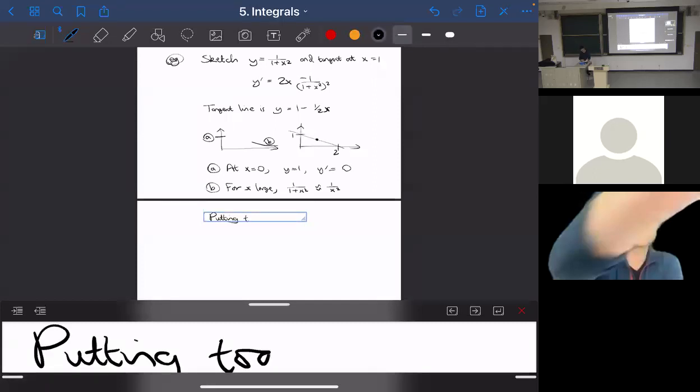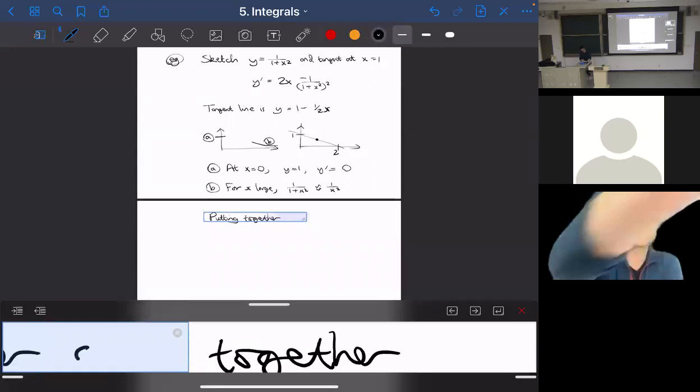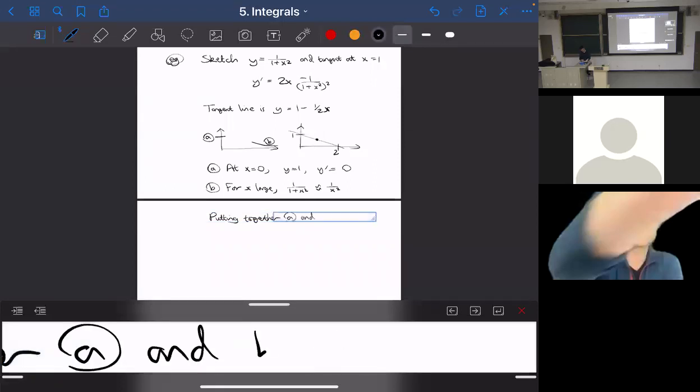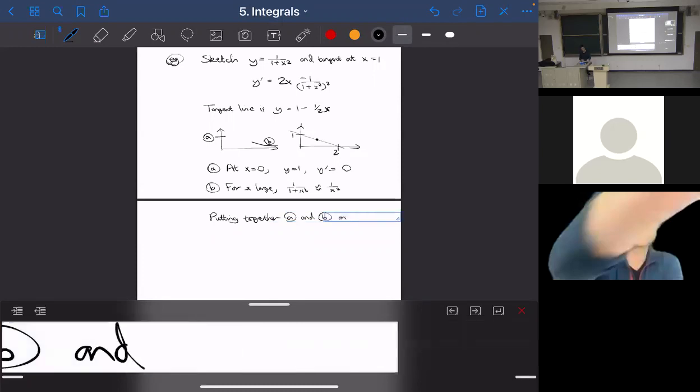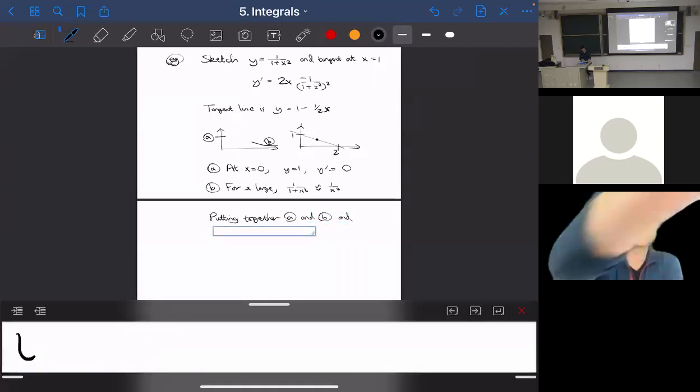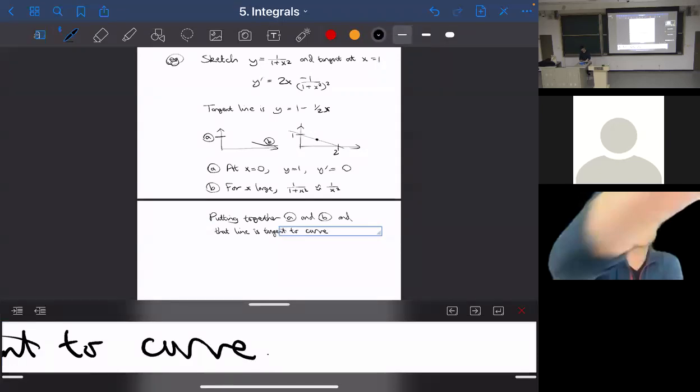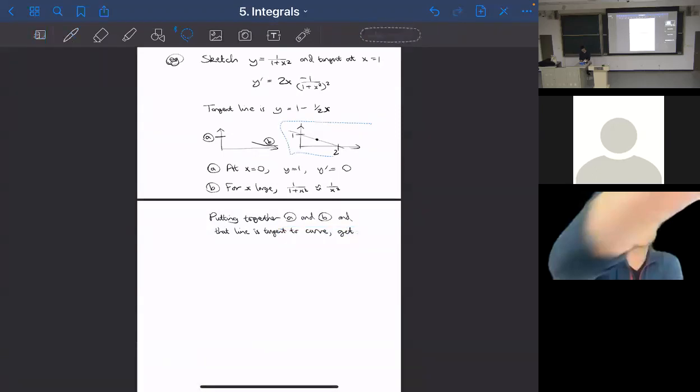So putting together A and B, and that the line is tangent to the curve, we get, so I'm going to draw it into this one.